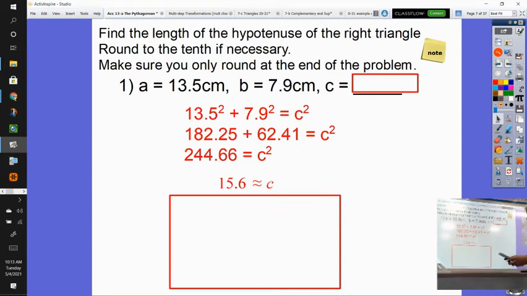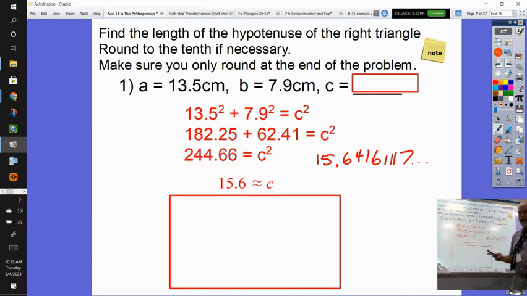Second square root, 244.66, enter. 15 point... The actual answer here is the approximate answer, right? Because this is an irrational number. 15.64161117, and that keeps going forever.